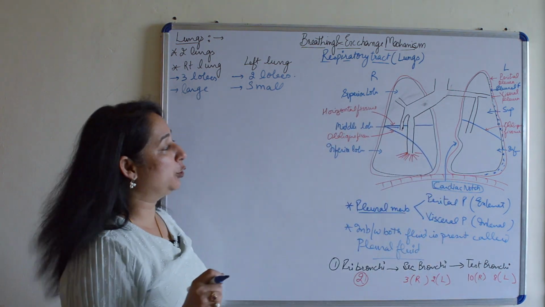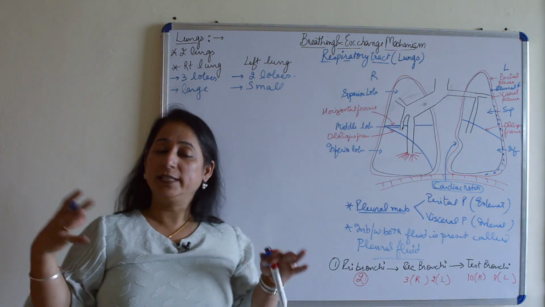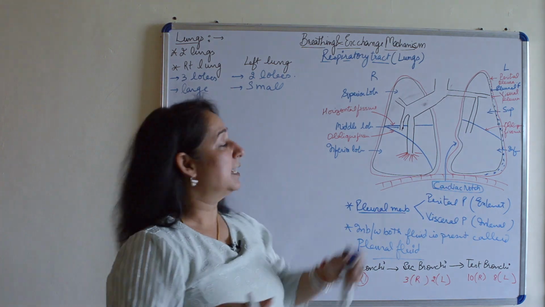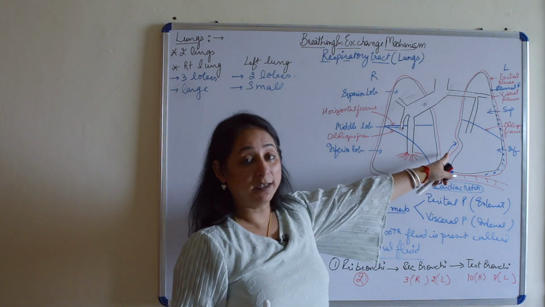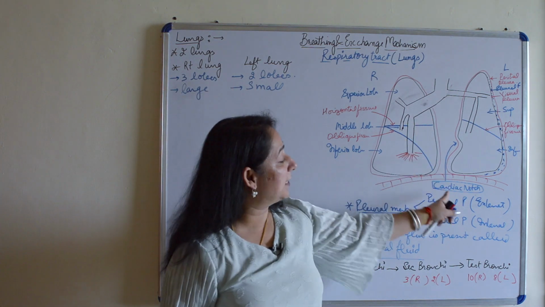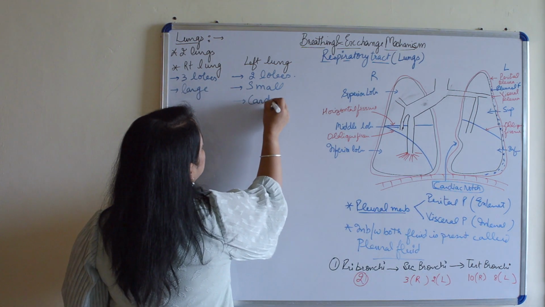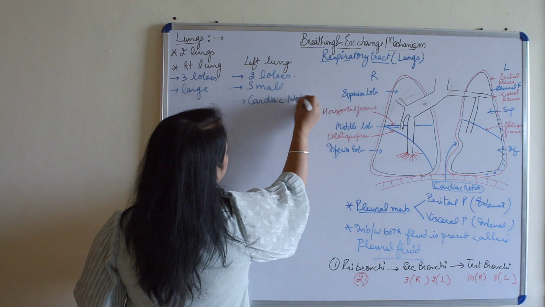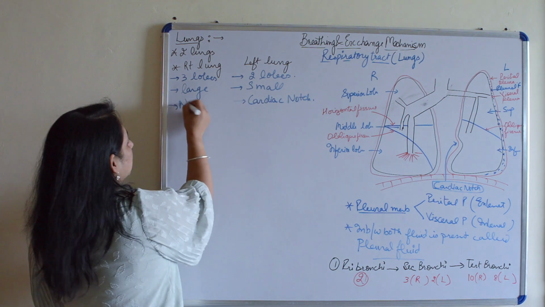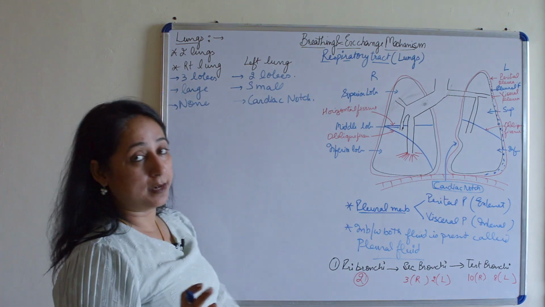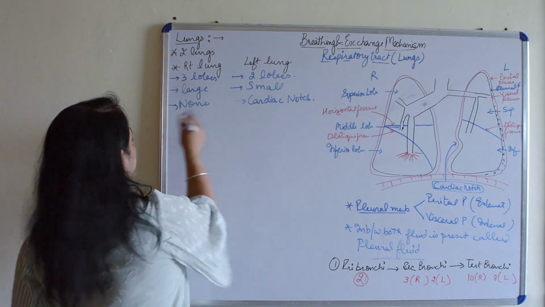Your teacher must have told you that the left lung is smaller because it has to adjust the heart. Yes, it is, because it has to adjust the heart here and it tilts towards the left side. That's why the cardiac notch is present. So let's write here, it has cardiac notch and there is none here. No cardiac notch in the right side. Right is larger, left is smaller.